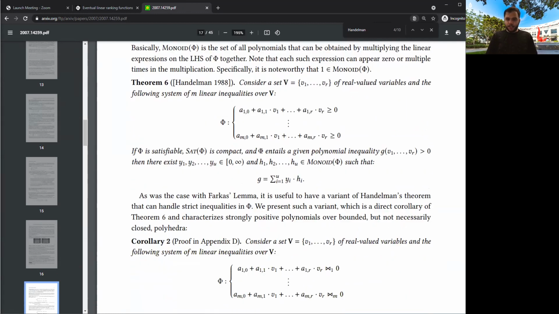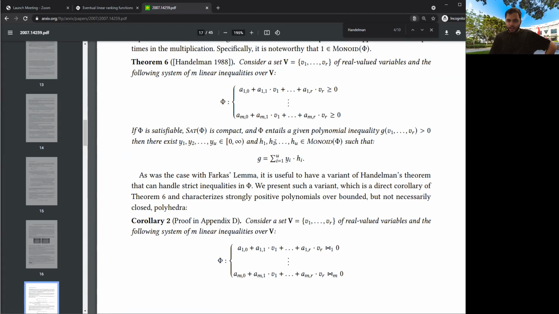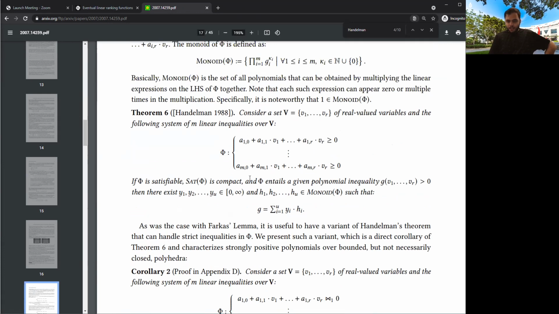Now, this is the theorem of Handelman. The theorem of Handelman says that if you have a bunch of linear inequalities and some other constraints, which I will come back to, then these linear inequalities imply that polynomial g is greater than 0, if and only if g can be written as a non-negative combination of all the polynomials that are in the monoid.